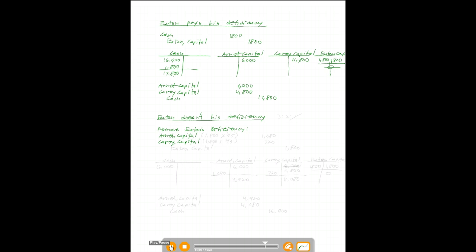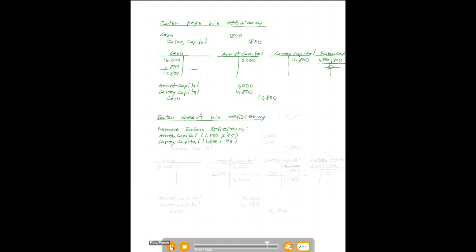So it was 3 to 2 to 1, but the income ratios of Arnett and Carrie are 3 to 2, which adds up to 5. So we're going to take the $1,800, and Arnett is 3 to 5, or 3/5, and Carrie is $1,800 times 2/5.